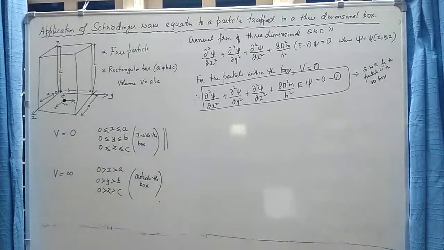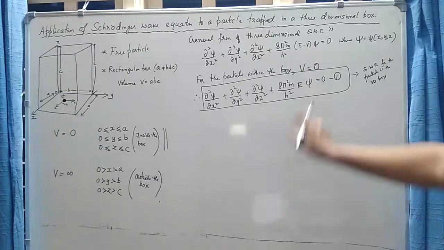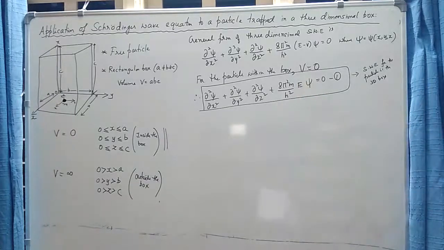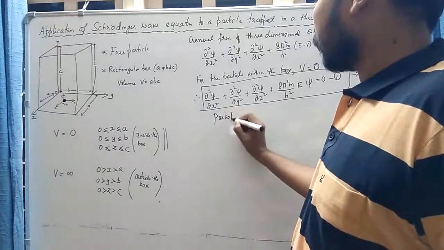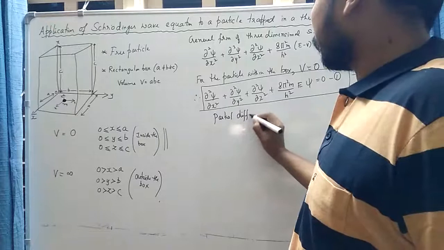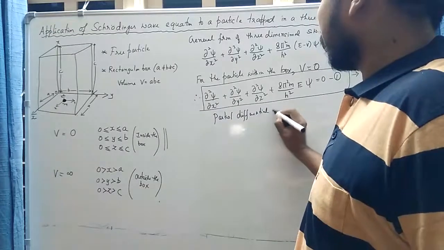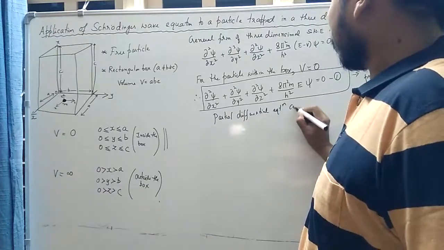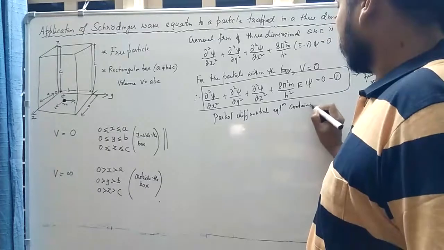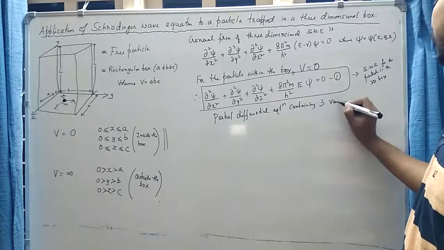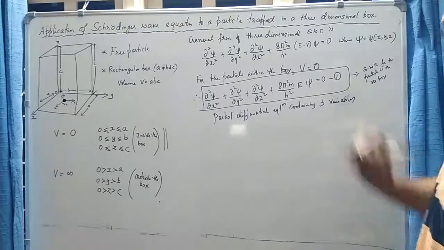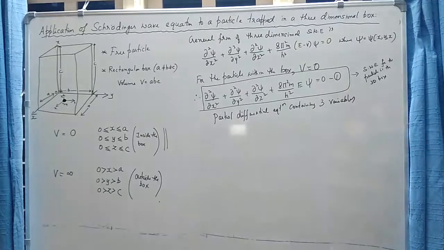This is a partial differential equation. Equation number 1, the Schrodinger wave equation, is a partial differential equation containing how many variables? It contains 3 variables, x, y and z, that is, the position along the x-axis, y-axis and z-axis.